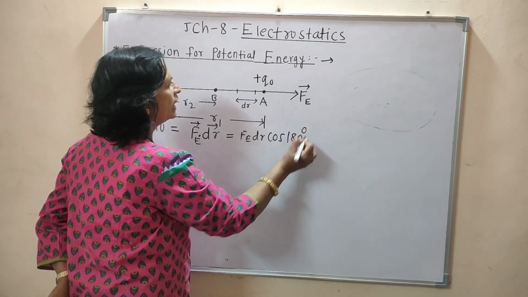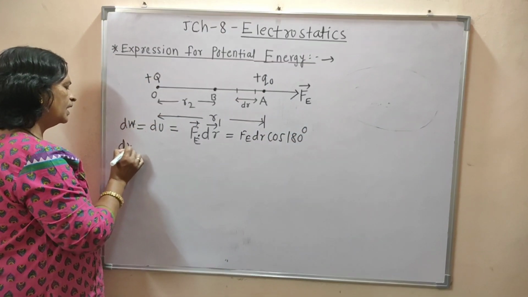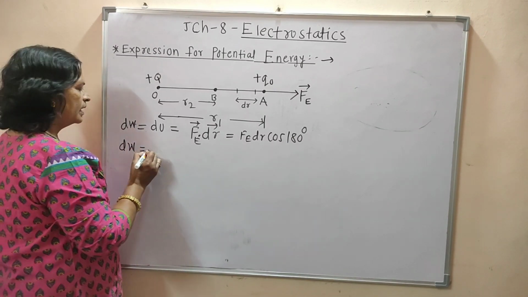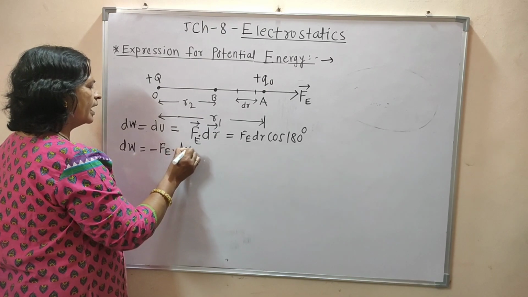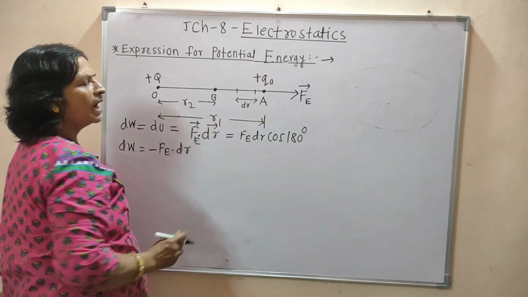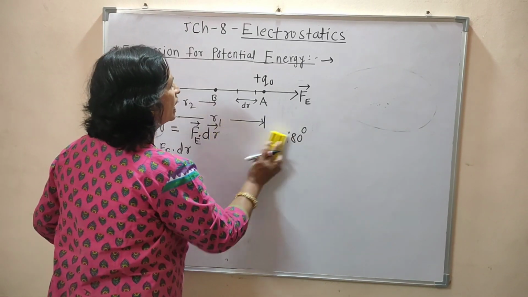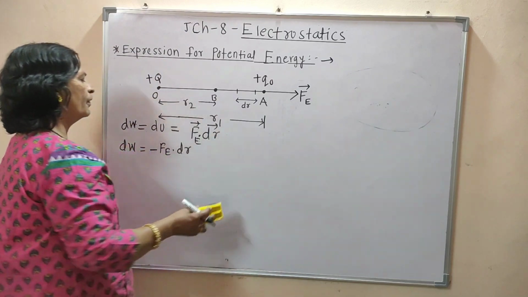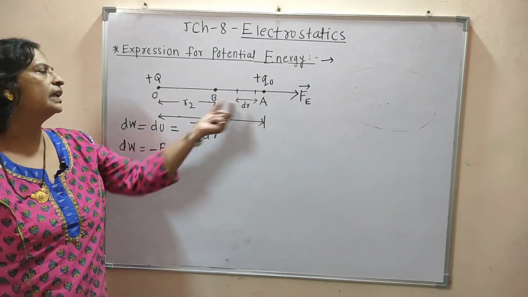Cos 180 degrees is nothing but minus 1, so dW becomes minus Fe into dr. This negative sign indicates that they are oppositely directed. This is the small work done while displacing this charge through distance dr.